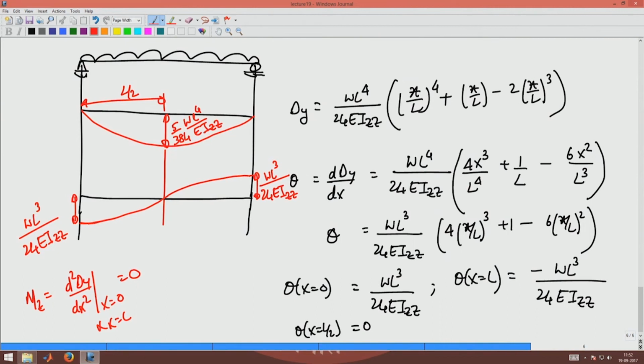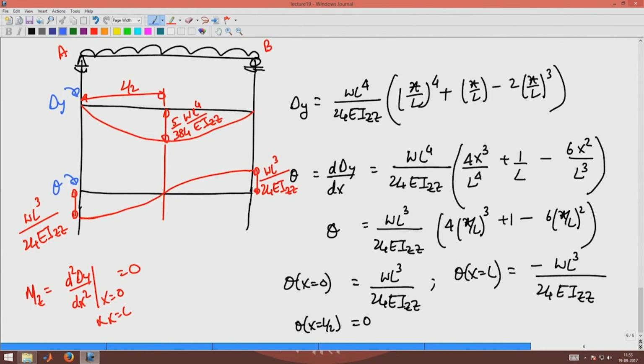At ends A and B, the slope of the slope curve is 0, because the bending moment is 0 at A and B. So, that is how the theta slope will look like. So, this is delta y, this is theta, the slope diagram, and this is the deflection diagram.